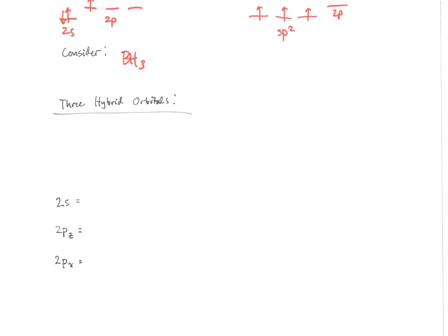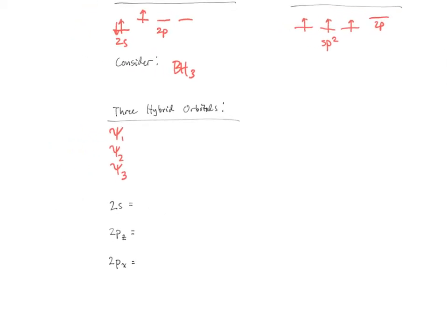Okay, so we're going to see where that 120-degree angle comes from, and we're going to have 3 separate hybrid orbitals. Each one of these is a different sp2 orbital, and each of those is going to be facing a different direction, 120 degrees from each other, and we're going to assume that they are composed of a 2s and then also a 2p orbital going in the z direction and a 2p orbital going in the x direction.